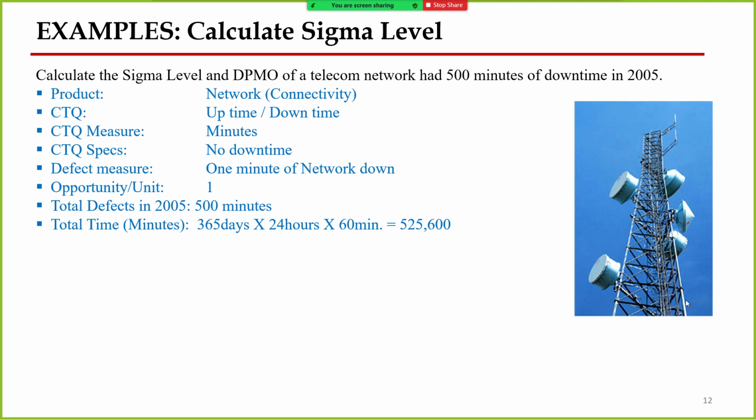Over here I'm giving the example from the telecom sector. If you go through this example and let me know the total number of defects in this particular process, the total number of units, and the number of opportunities, however we would be able to quantify the sigma level.